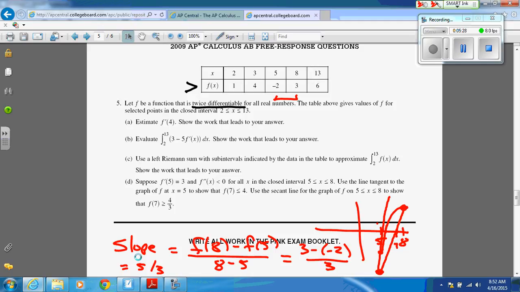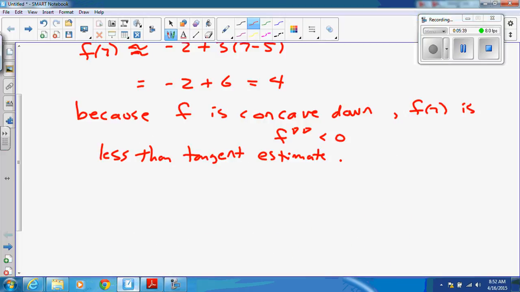What about a point? Well, actually, I have 2 points. I have this point 5, negative 2, and this point 8, comma 3, and both of them will give me the same equation for the line. So let me go back to where I have some more space.